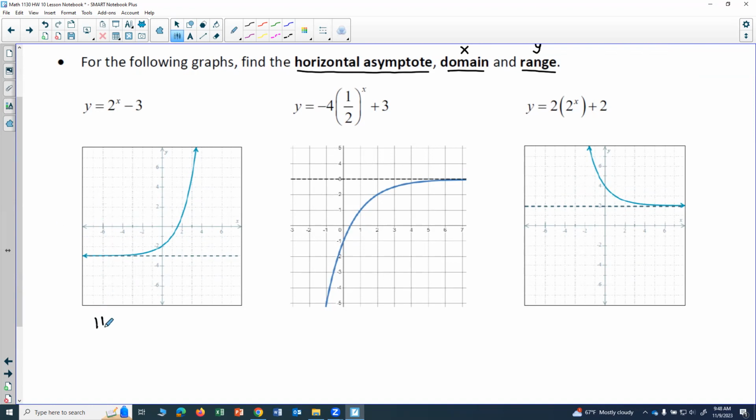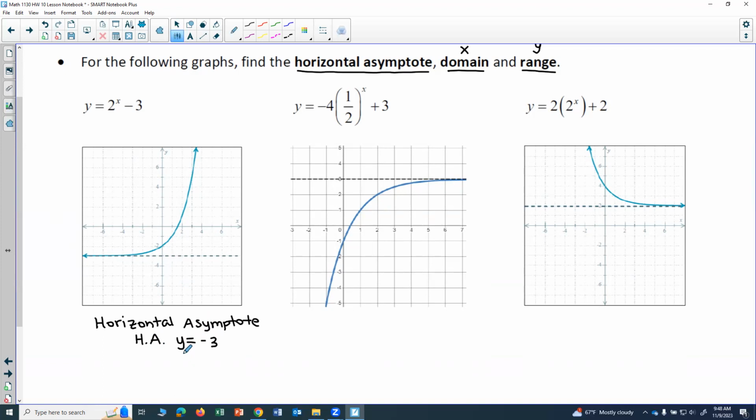I'm going to have horizontal asymptote, and I'm going to abbreviate that as capital H, capital A. So the horizontal asymptote is going to be the horizontal line y equals -3. So I'm just looking at that dotted line there.